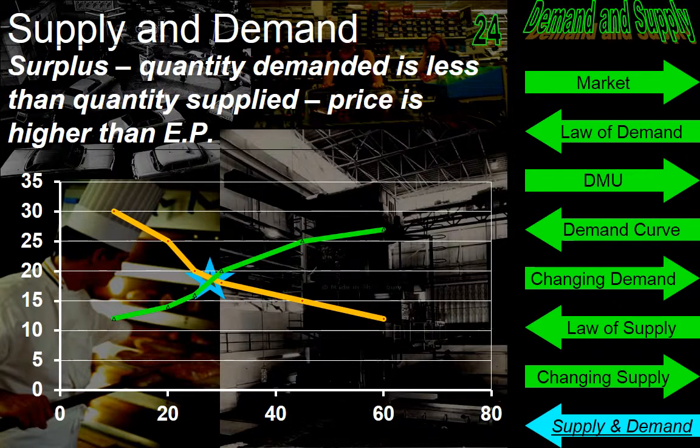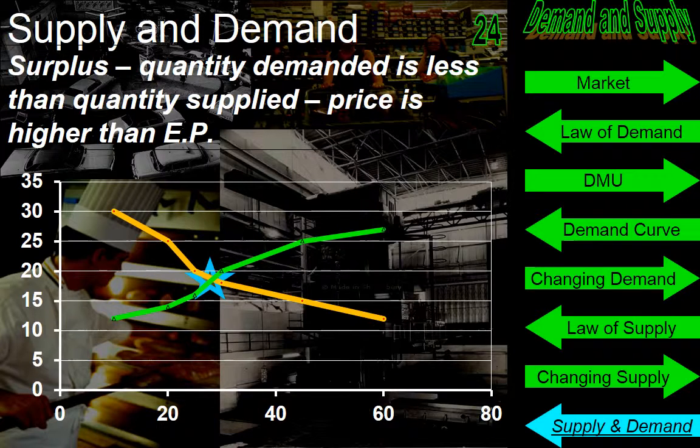Now, if we wanted to affect where the equilibrium price went, we could shift either of these curves. Remember, we showed you how to change demand. We could do advertising, which would increase demand. That curve would move over until we had moved the equilibrium price because of it.